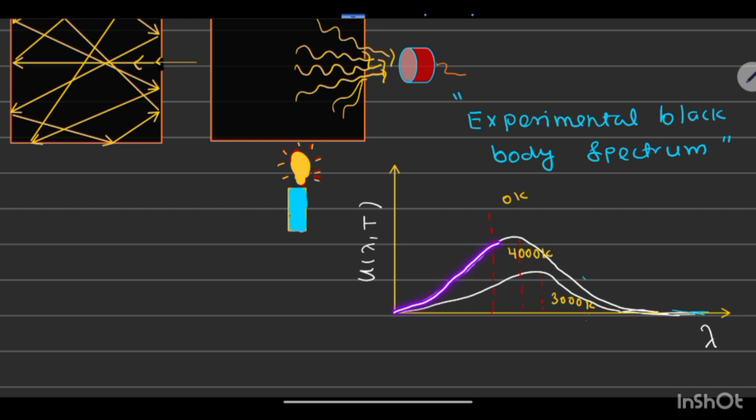In addition to this increase, there is also a shift in the peak wavelength, shifting toward the lower wavelength side, and a further increase in temperature leads to a further shift of the peak towards the left side of lambda, meaning the lower wavelength side.